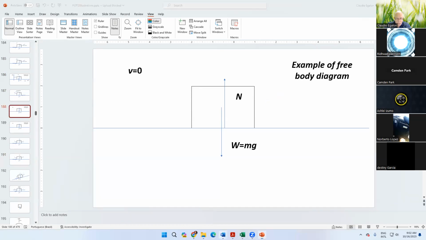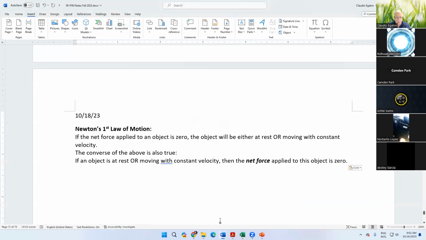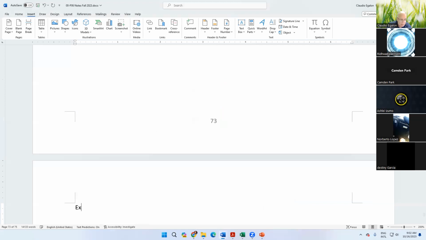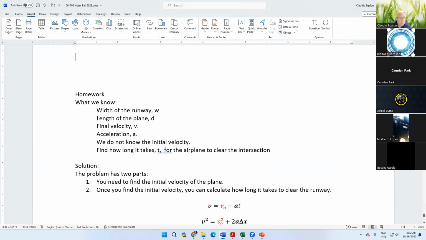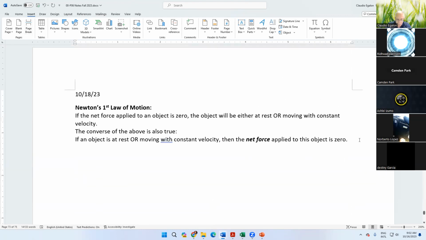The simplest of all free body diagrams that you're going to see that uses Newton's first law of motion is this one that you see here. Examples that use Newton's first law of motion.